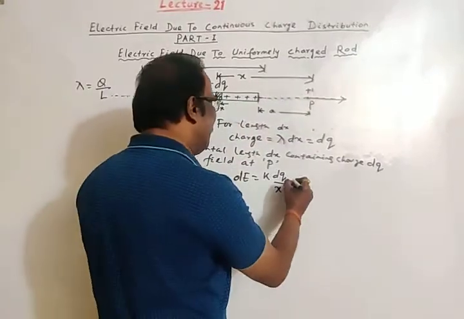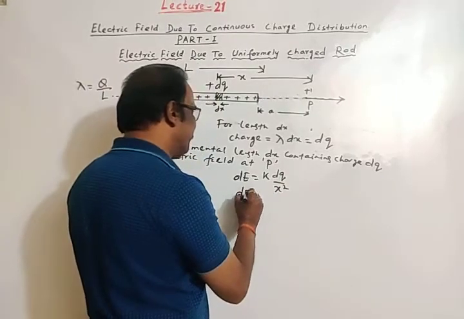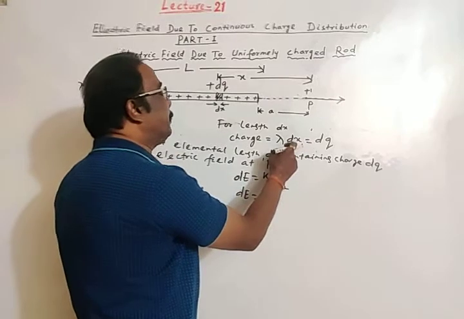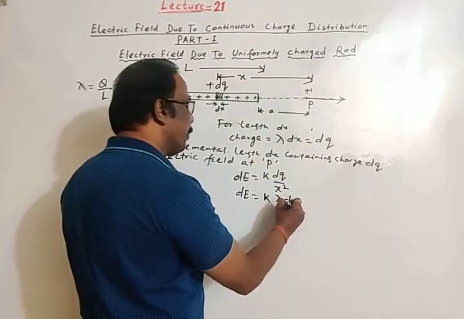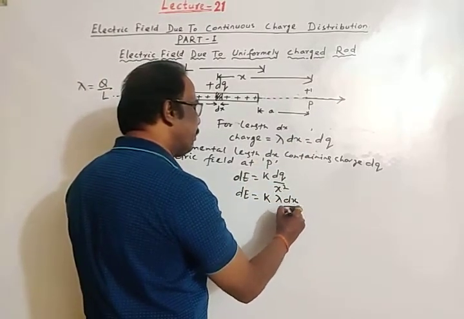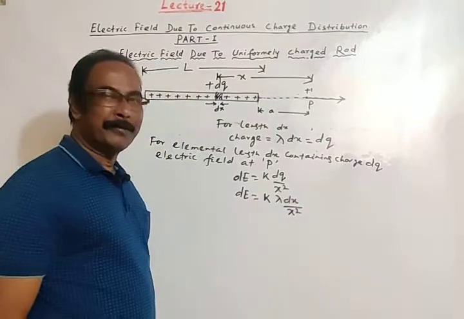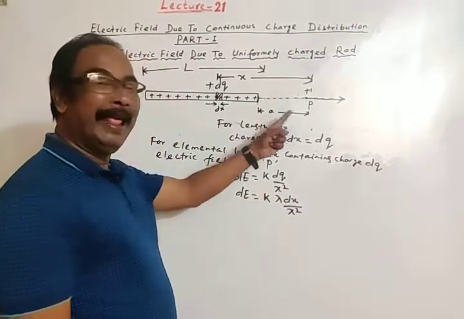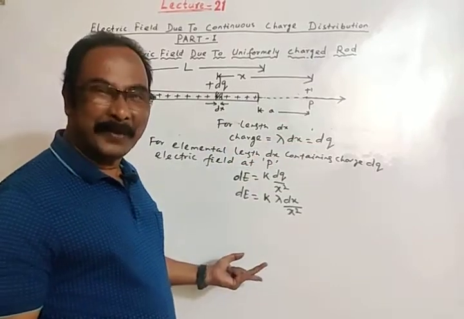Then we may put dE equal to k dq. In place of dq, we can write lambda into dx, divided by square of distance. Now it is easier. Then for the total length, we can integrate both sides.